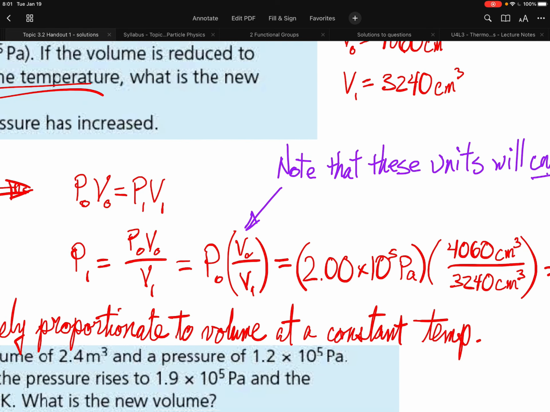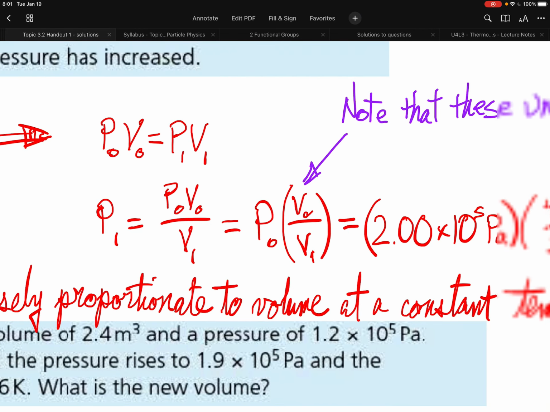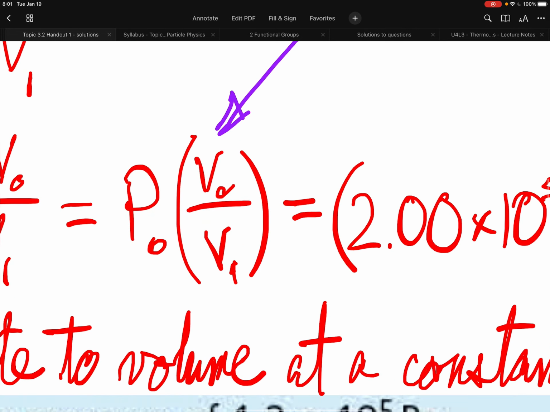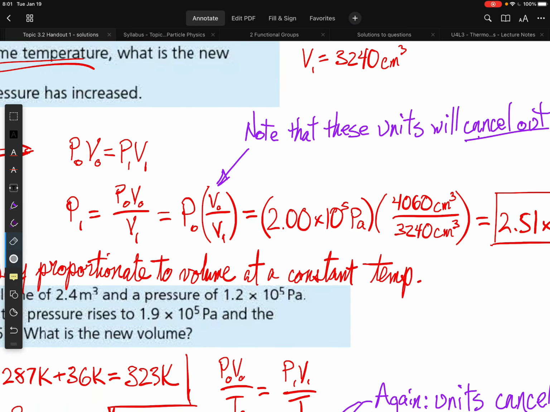And we simply rearrange the equation and solve for the variable that we want, which in this case is final pressure. Okay, so we then multiply initial pressure by the ratio of volume. Okay, so we have here initial volume divided by our final volume.